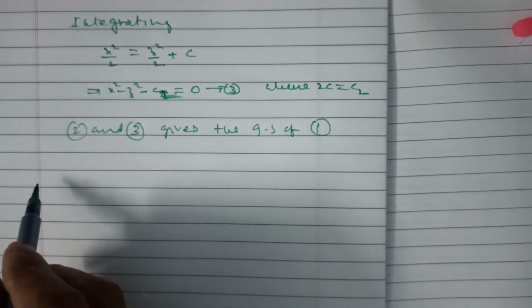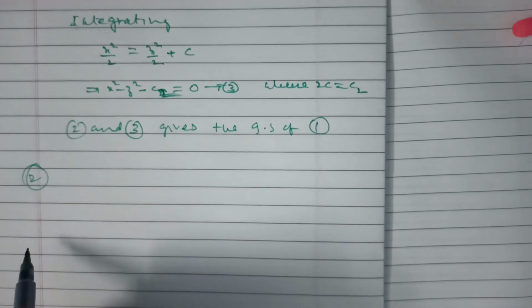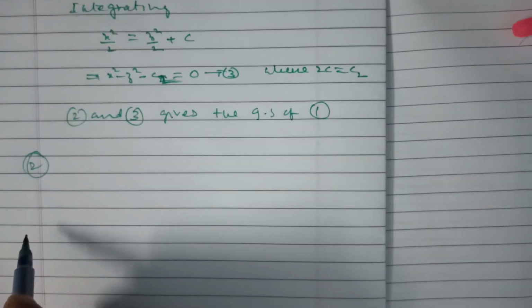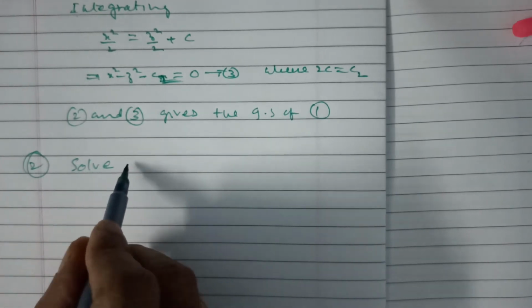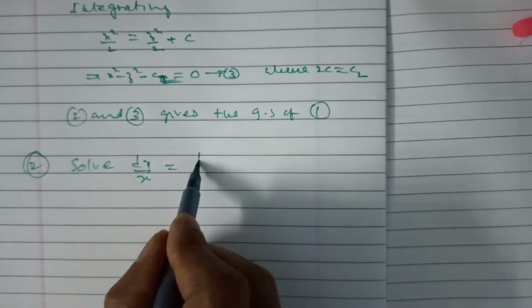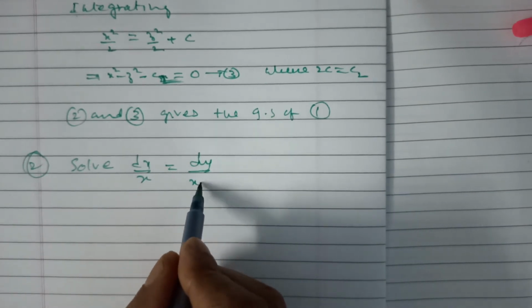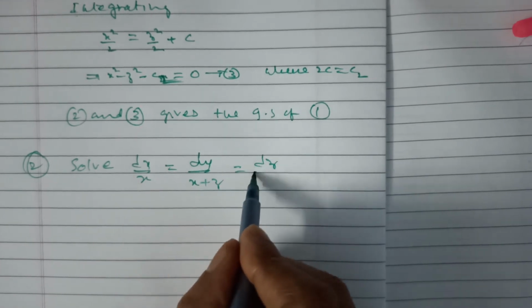So problem 2. Solve dx by x is equal to dy divided by x plus z is equal to dz divided by minus z.